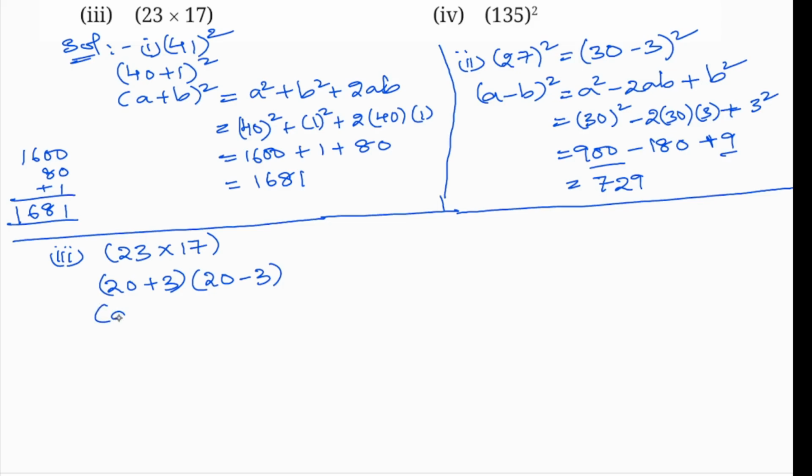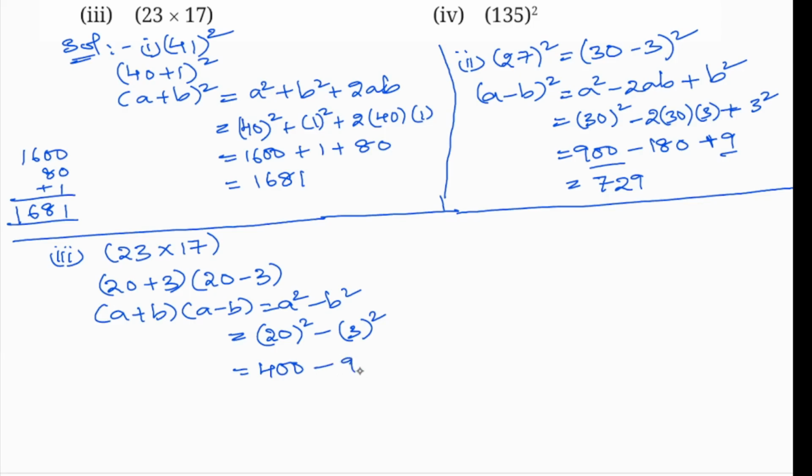So the formula will be (a plus b) into (a minus b), which is equal to a square minus b square. So here a is 20 and b is 3. 2 square is 4, for the 1 zero we will get 2 zeros, minus 3 square is 9. If we subtract 9 from 400, you will get 391.